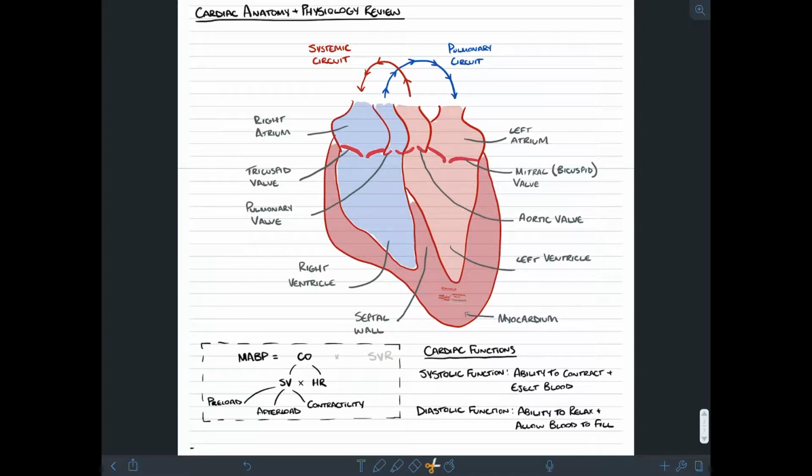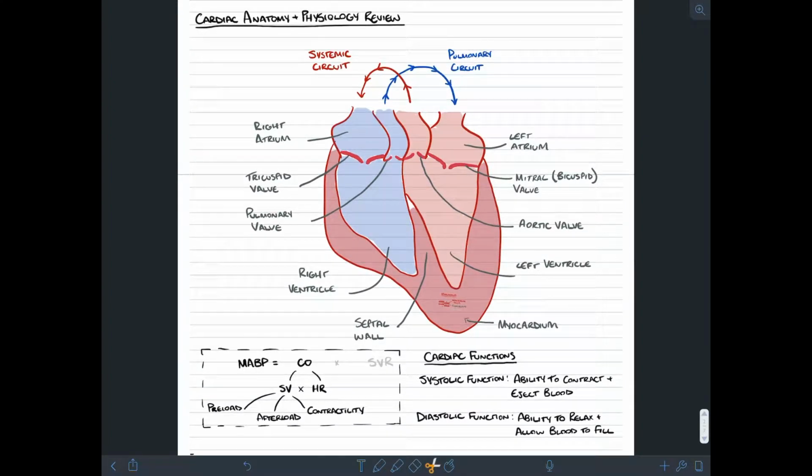So some cardiac functions we need to remember because they do come into play later on, actually the next slide. So systolic function is the ability for the heart to actually contract and eject the blood that's within it. So the systolic function of the ventricle, for example, would be to get rid of the blood that has entered it.